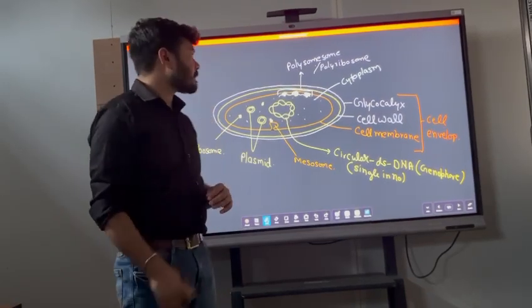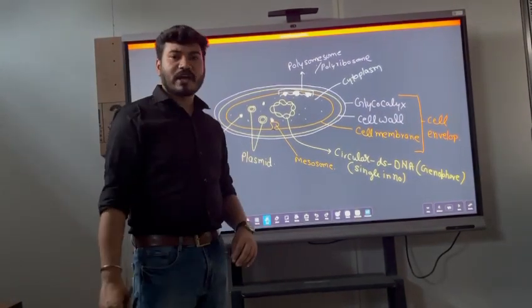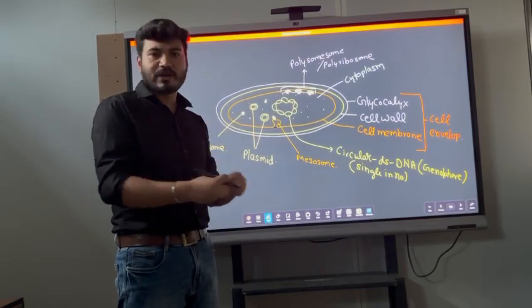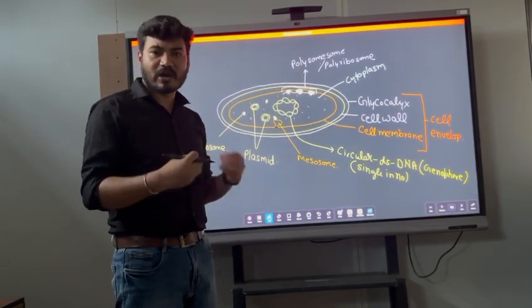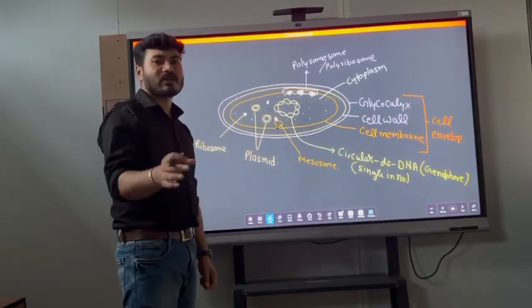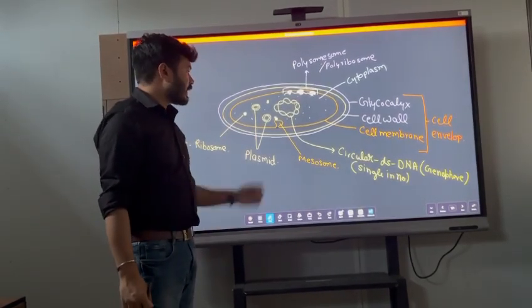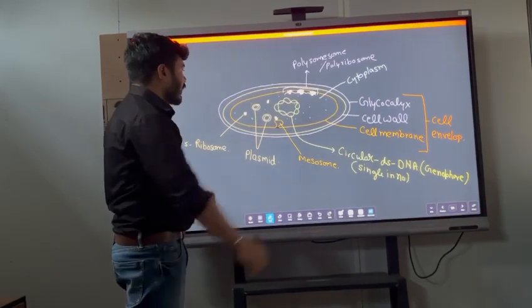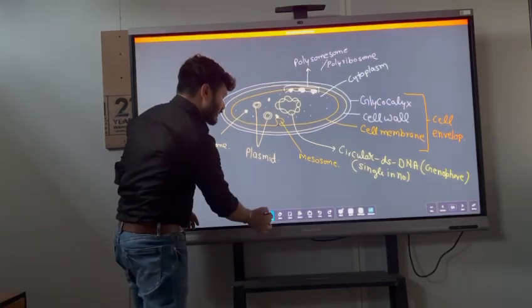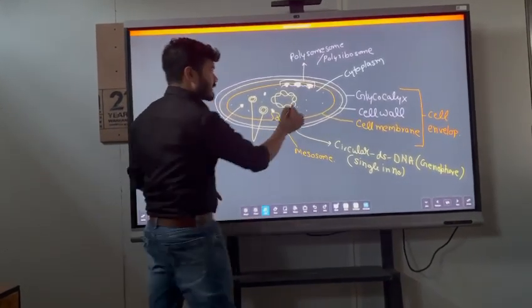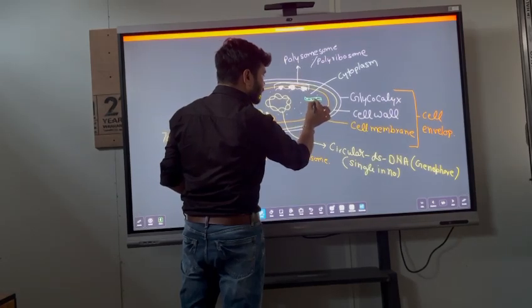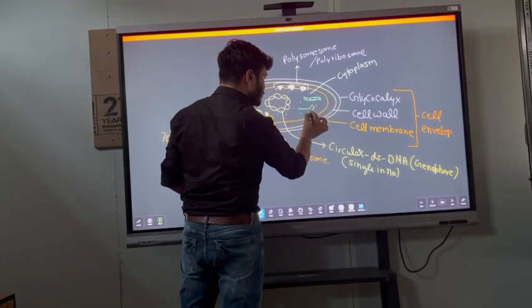The second is replication of the DNA and its distribution in the daughter cells during amitosis or binary fission. The third function of the mesosome is cell wall formation, etc. Now we deal with another membranous structure present in photosynthetic bacteria, the chromatophore.